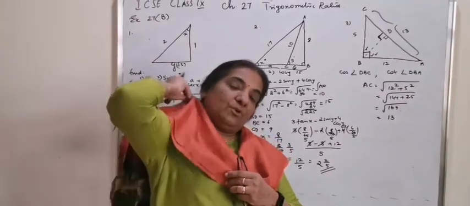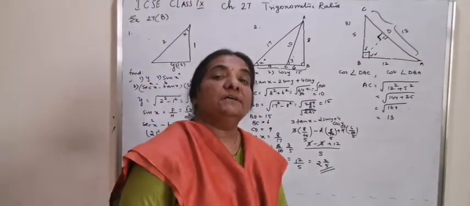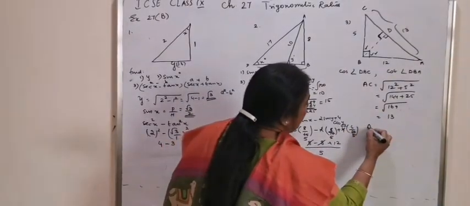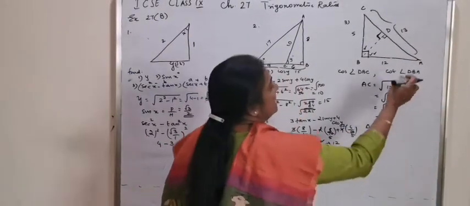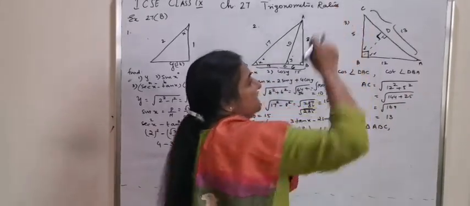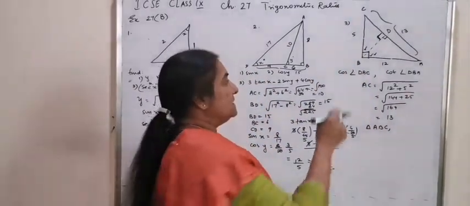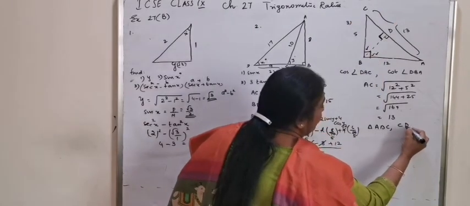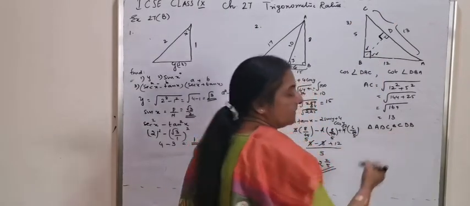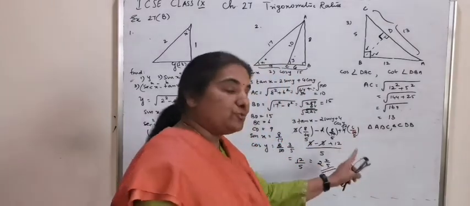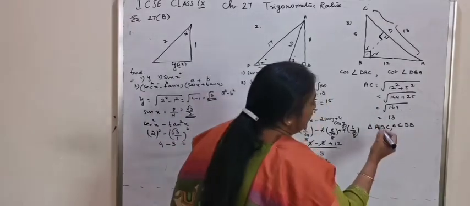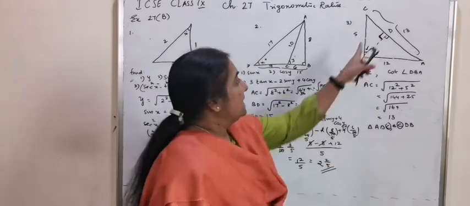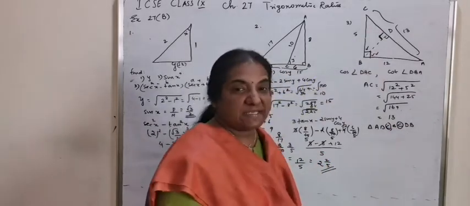So here you will apply the concept of similarity. Now, if you take the bigger triangle ABC and the small triangle CDB, I will arrange them once again for you to easily understand. In this you can see C as a common angle, and angle D as well as angle B is 90 degrees.